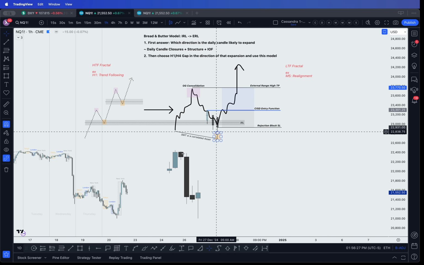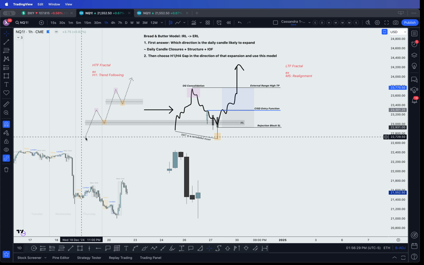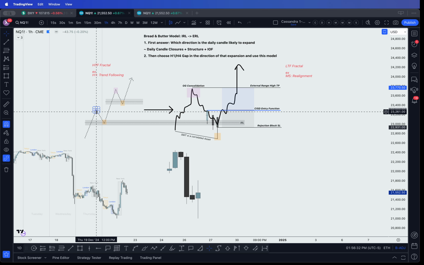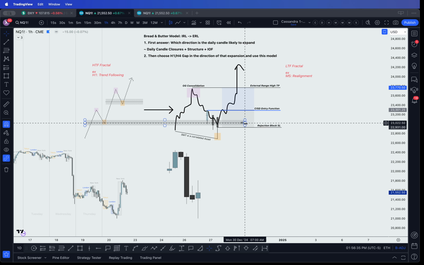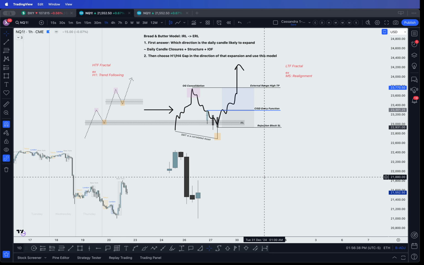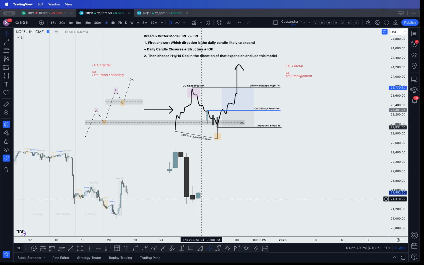Generally speaking, as price moves from a range low to a range high, it will leave some sort of internal range of liquidity. We know those to be fair value gaps, right? These fair value gaps are the opportunity zones where we can look for realignment of that trend, signifying the end of one phase of price, which is retracement, and the beginning of a new phase of price, which is expansion, all right?